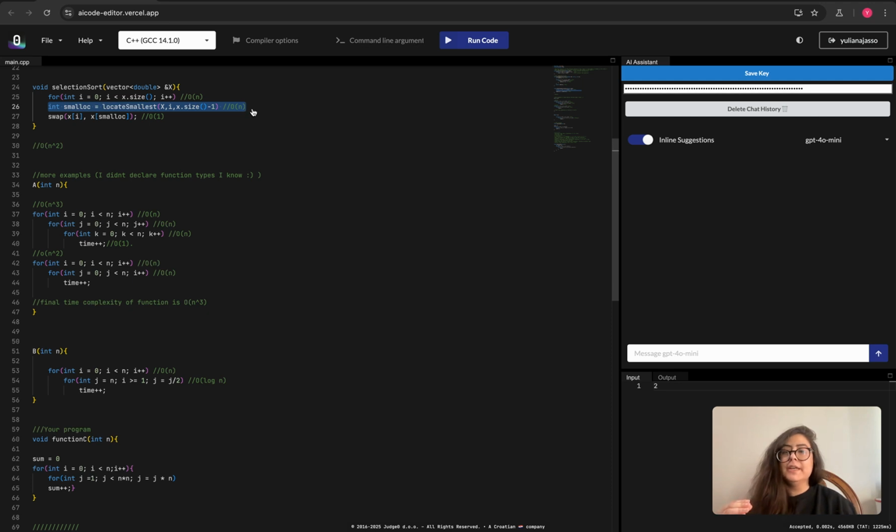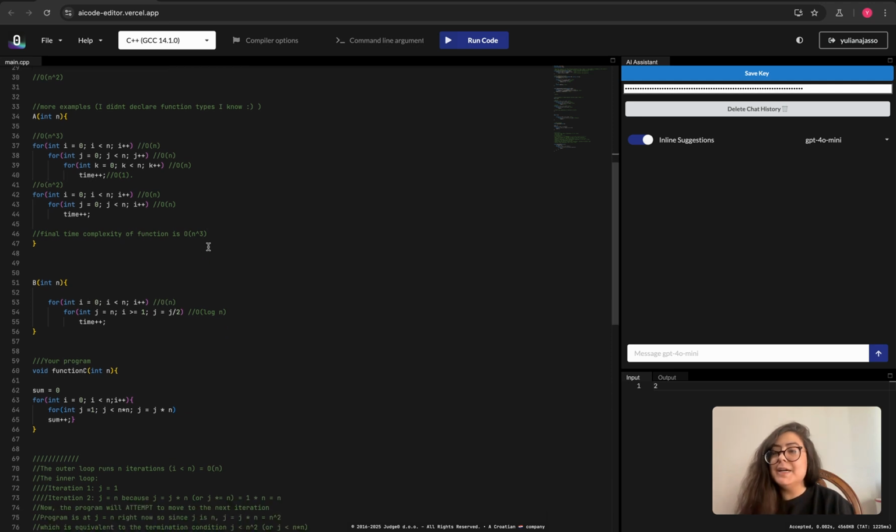And then we compare it with every other element in the array, which has to touch every single one as well. So it's O(n). Since we find the smallest, we have to check every element to see which one is the smallest. So it's also O(n). And our swap is just in constant time. So you multiply all of them and it gives us O(n^2).